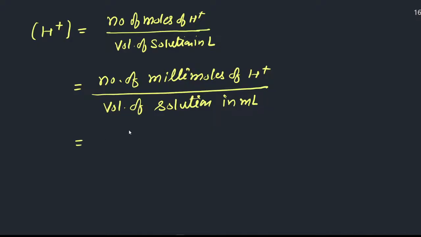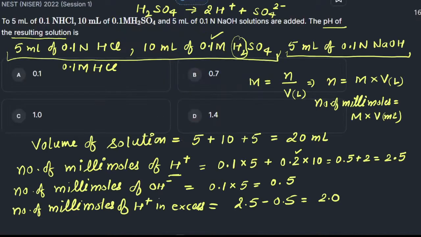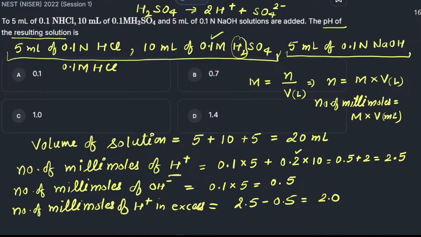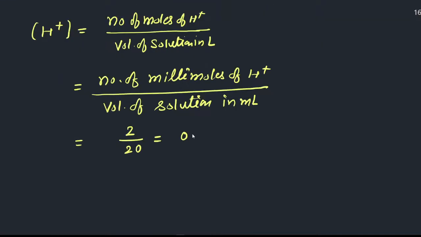So the number of millimoles of H plus ion is 2, and the volume of solution is 20. So it is 0.1, meaning 10 raised to power minus 1.